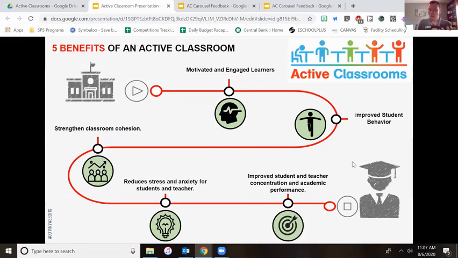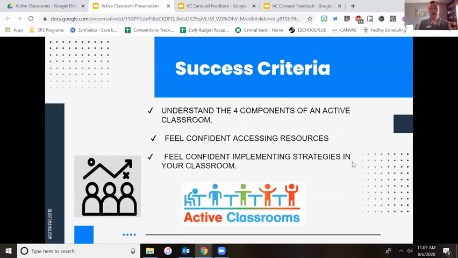You're going to improve your students' concentration and academic performance. Who wouldn't want these 5 benefits for their classroom and their students? And so I encourage you to jump in the pool, dive in the pool, even if you belly flop. I would love to hear about your success this year, and I hope that you walk away understanding the 4 components, feeling confident to access those resources, and to implement some strategies in your own classroom.